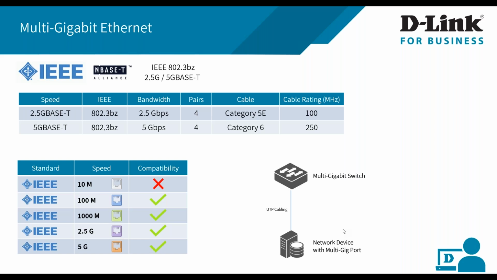Customers can achieve a 2.5 times or 5 times improvement in network performance without replacing the existing cabling. This is a very significant improvement in performance. At the same time, it also protects the investment in the existing cabling by extending its life.